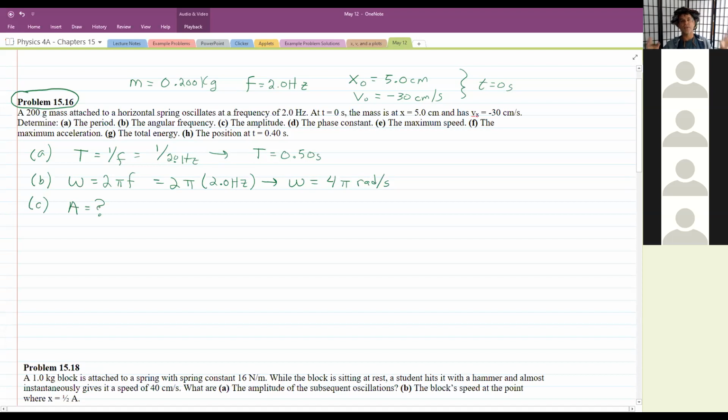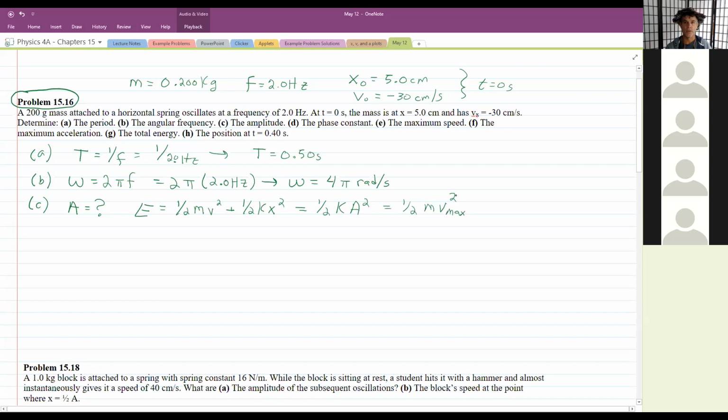So here's a case. Anytime you're given the position and the velocity at a given time, you can use conservation of energy to figure out what the amplitude is or what the maximum speed is. So I know my energy at any time, the total energy, is just the kinetic energy plus the elastic potential energy. And I know it's also equal to 1/2 k A squared or 1/2 m v max squared.